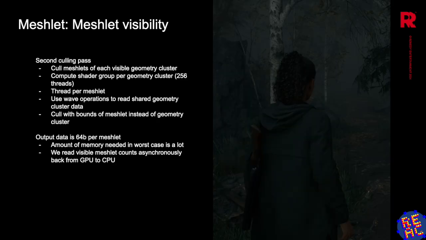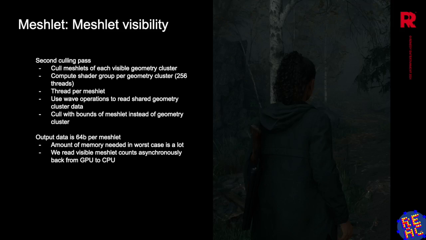The second culling pass is reading the previously computed visible clusters and does visibility culling for each meshlet. This is also a compute shader pass where each group is handling a single visible cluster and each thread in the group computes visibility for a single meshlet.